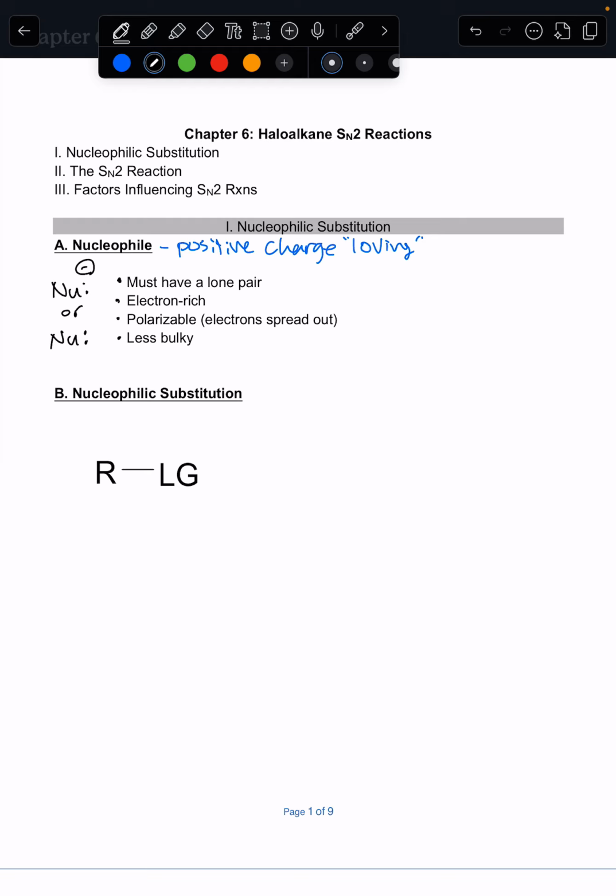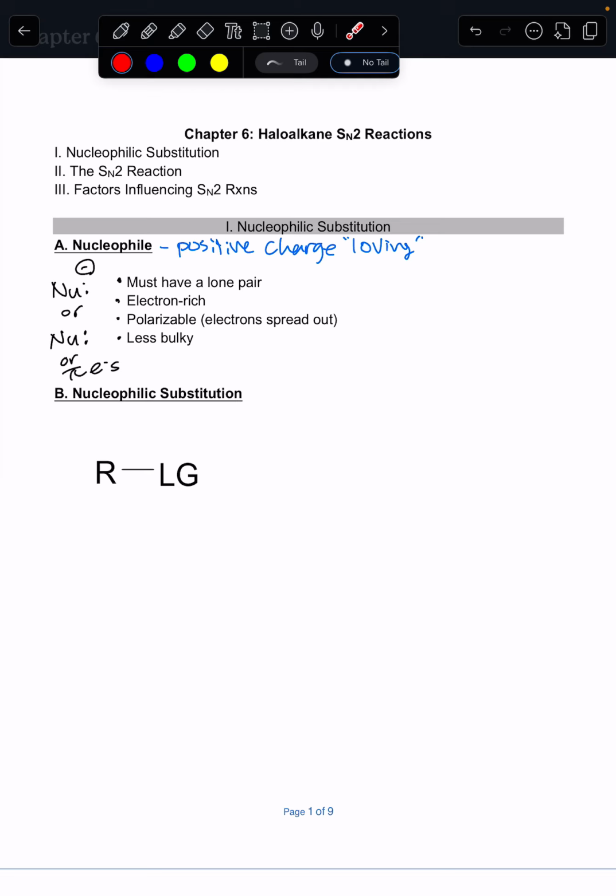Technically, there could be an exception to that. It could have pi electrons, which could be another form of a nucleophile, but it needs to be electron rich. So you need to have a lone pair or some pi electrons.